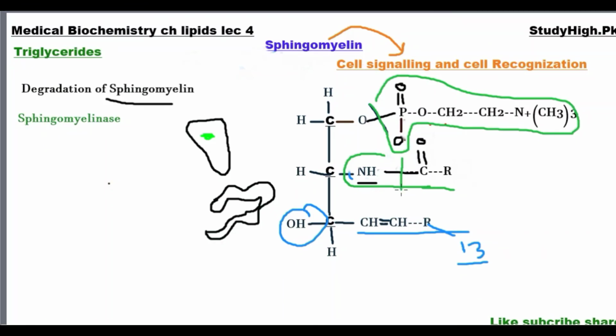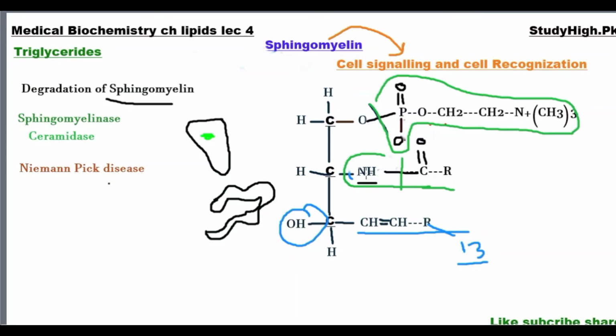Two types of enzymes you must know: sphingomyelinase and ceramidase. Sphingomyelinase breaks the bond between the phosphocholine and carbon 1 oxygen, whereas ceramidase breaks the amide linkage between the fatty acid and the amino group of sphingosine, resulting in breakdown of the sphingomyelin into its original components.